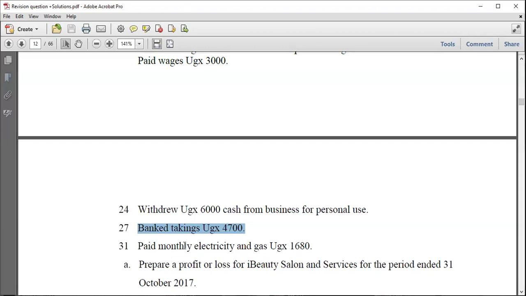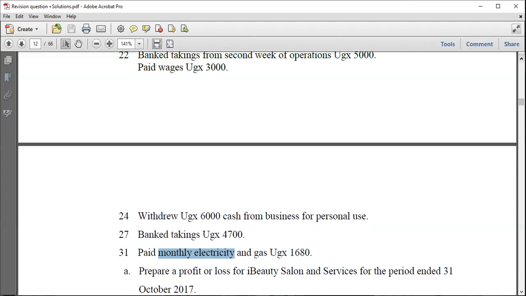And then they are telling us that they paid monthly electricity and gas for UJX 1,680. Electricity and gas is an expense.